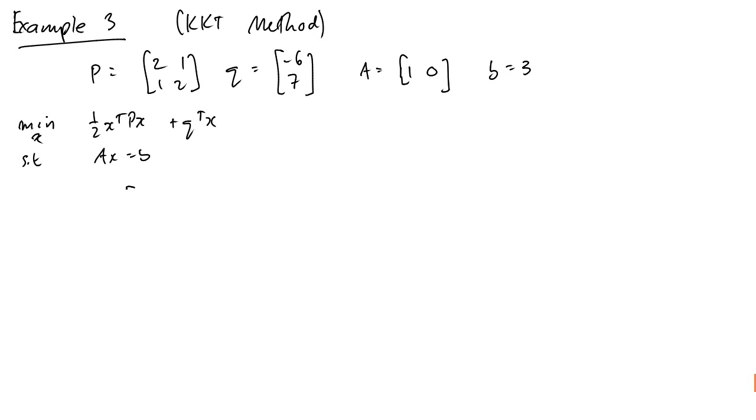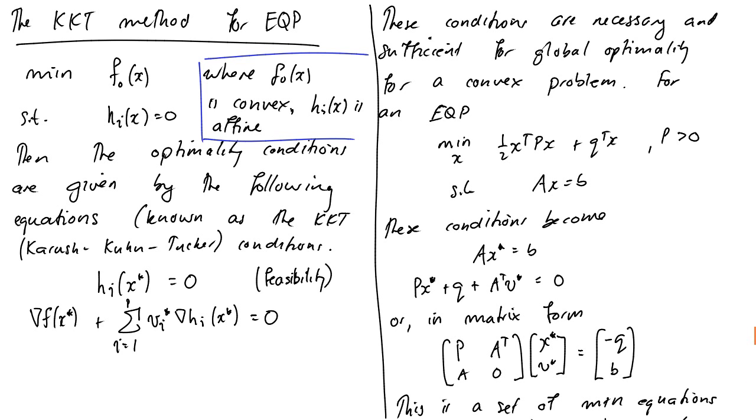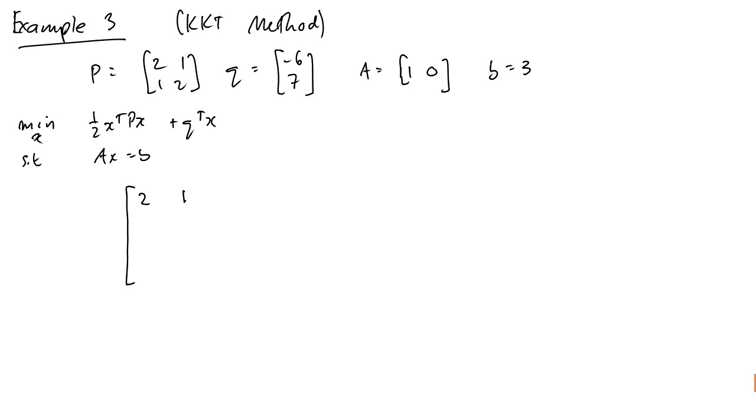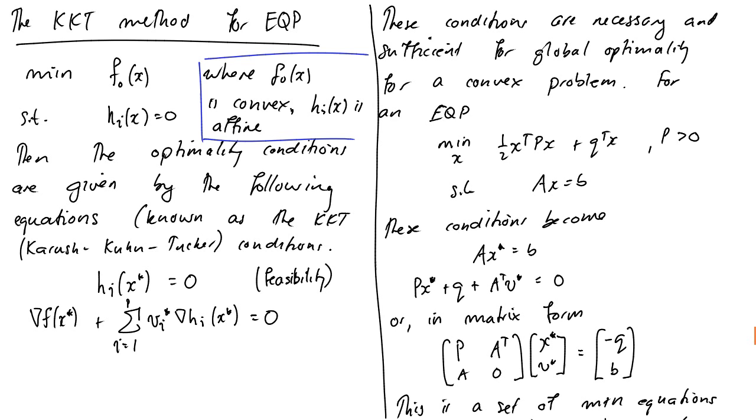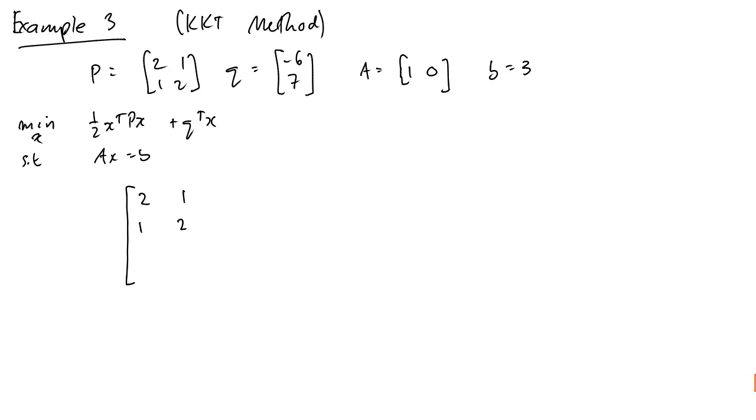Okay, well let's just put all the pieces together. So we know that our matrix has got, if we just skip back a page, P in the top left, and then it's got A transpose in the top right.